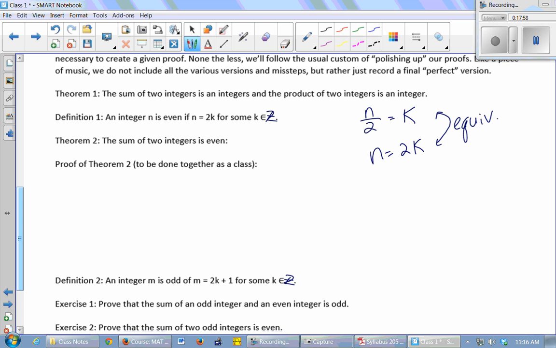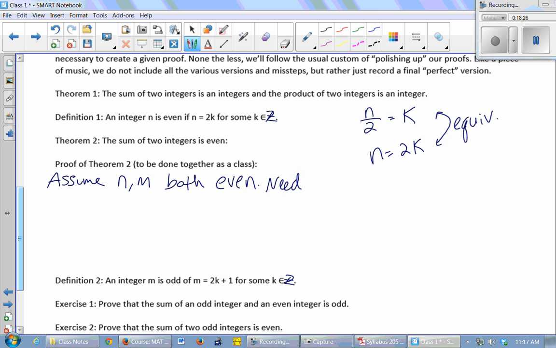Okay. All right, so we're going to prove theorem 2 here, that the sum of two even integers is even. So we are going to assume n and m are both even, right? We assume the if part of the statement. If n and m are even, then n plus m must also be even. So we're assuming n and m are both even.